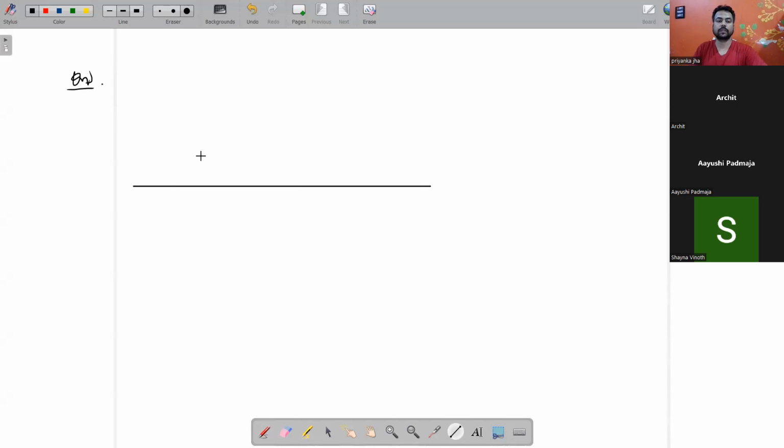Suppose A is moving in this direction with some speed. Let's say this is 100 root 3 meters per second, and this angle is 30 degrees.